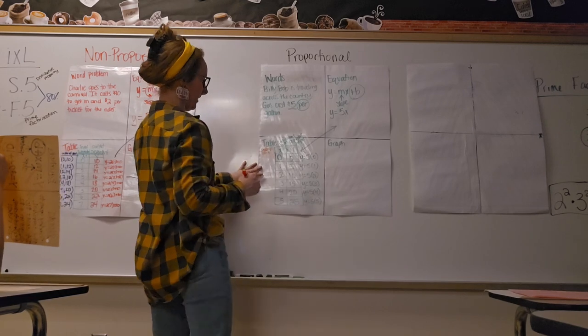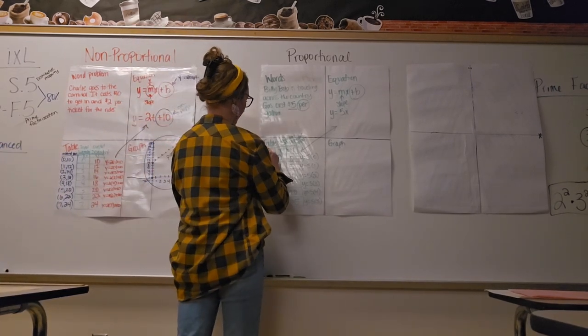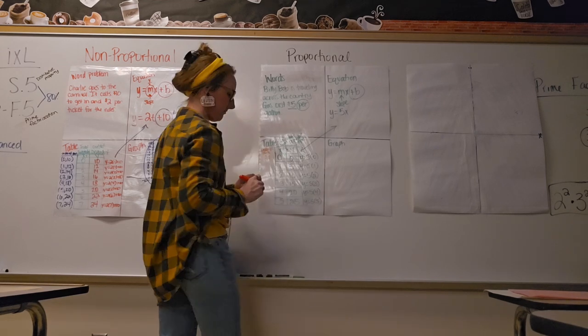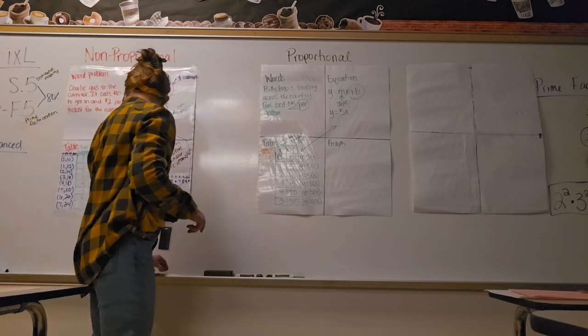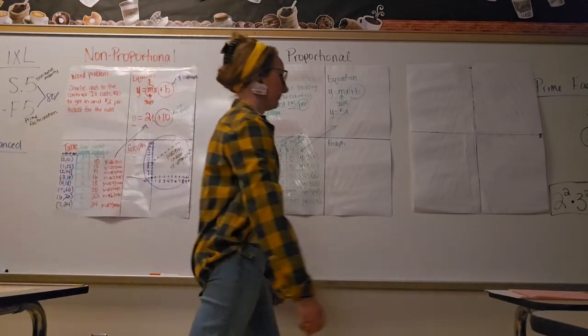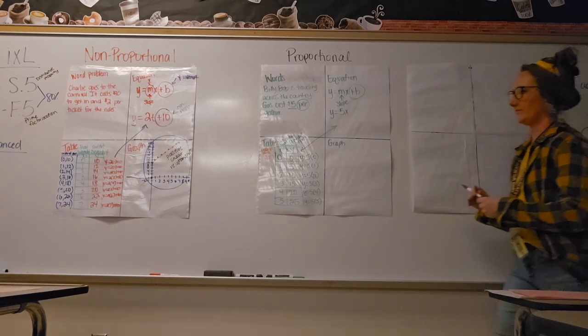So what's this ordered pair going to look like? 0, 0, inside what? Our parentheses. So 0, 0.